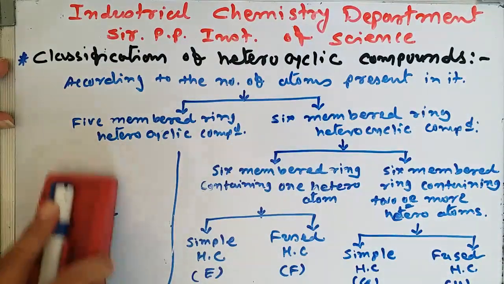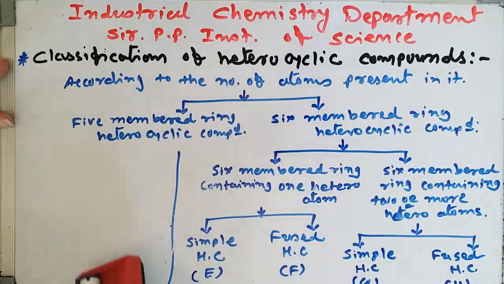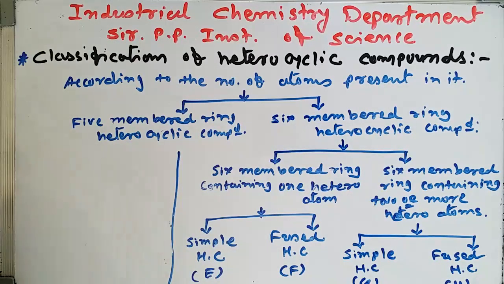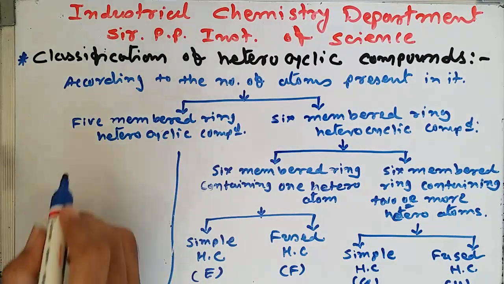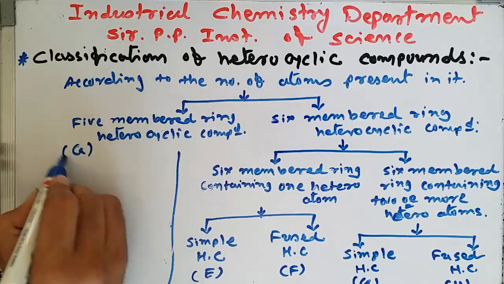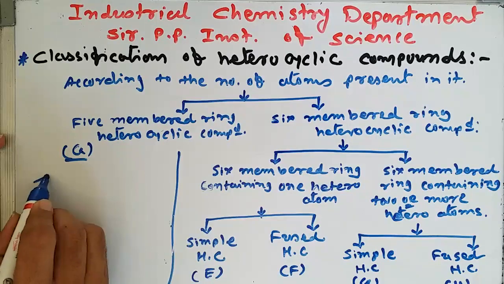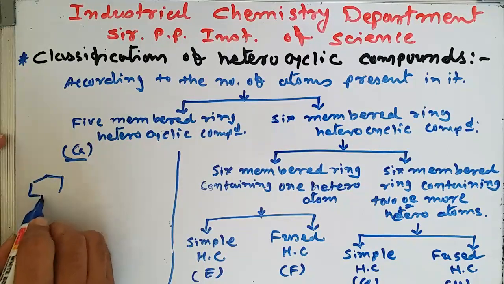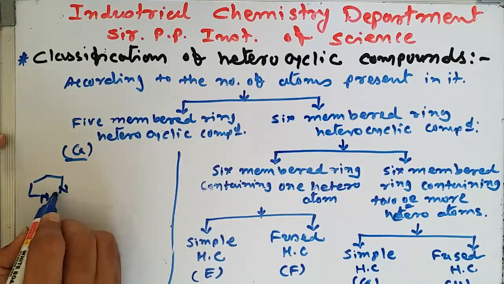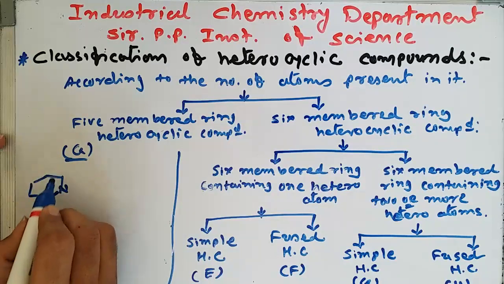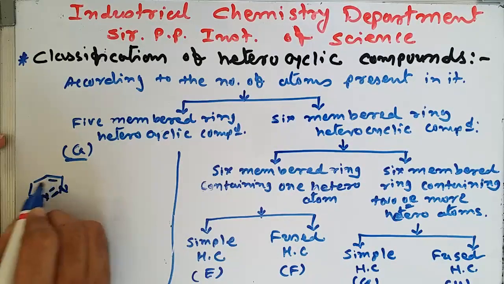Now we see group G, that is, simple six-member ring containing two or more heteroatoms. One nitrogen and a second nitrogen.